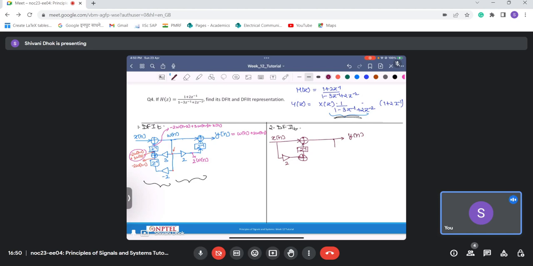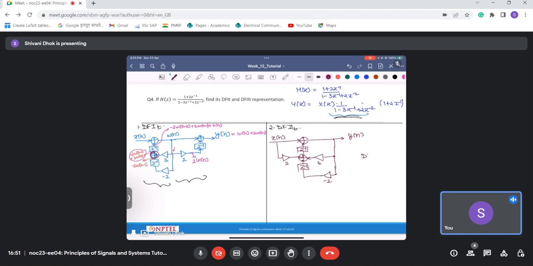This adder is common here, so I'll have a gain block of 3 which goes here and a delay again, and then I have a gain block of -2 and a z inverse block here, something like this.